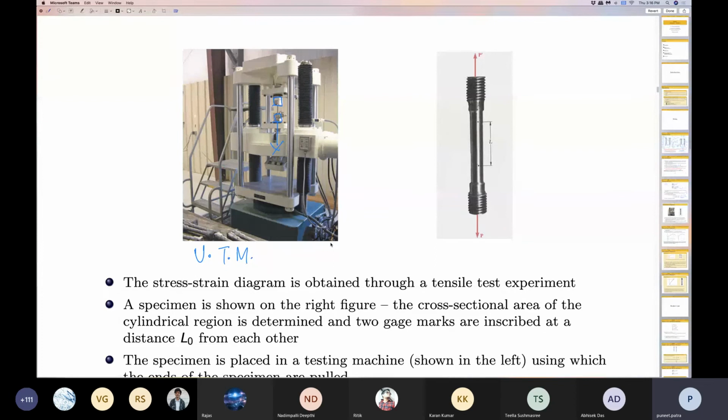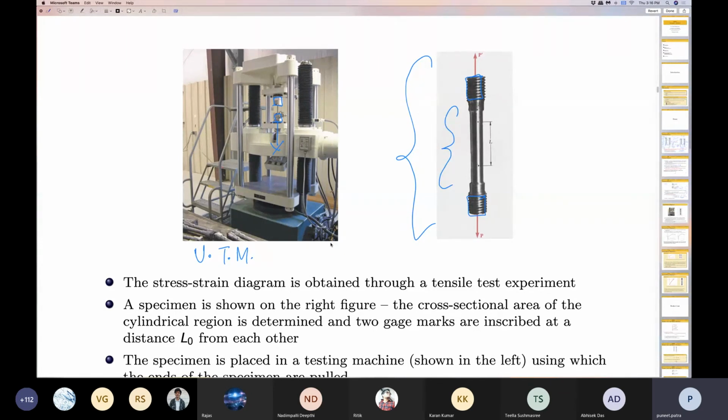So as I pull the specimen by moving the bottom block downwards, you can think of it as applying some force downwards at the bottom end of the specimen. A typical specimen is indicated over here on the left hand side. The specimen has an upper grip and a lower grip, and between the two grips you have a cylindrical region which is our area of interest.